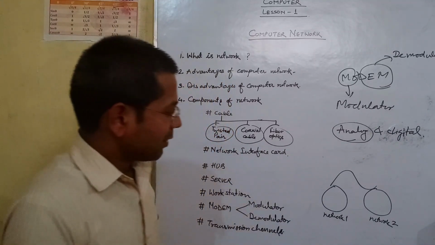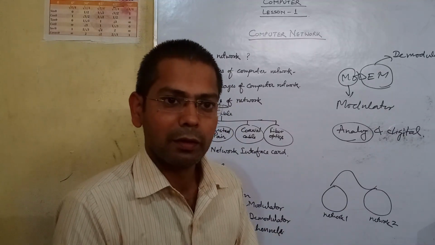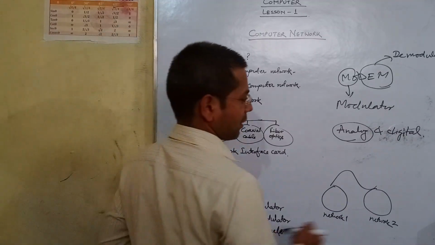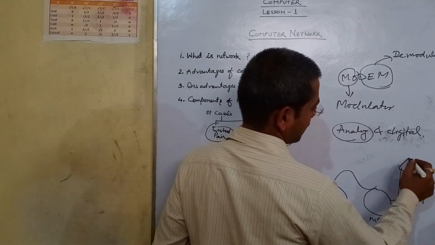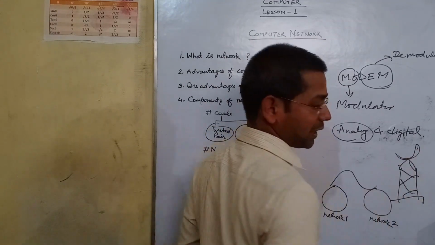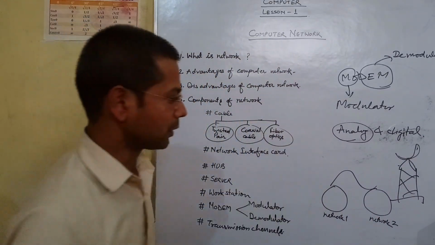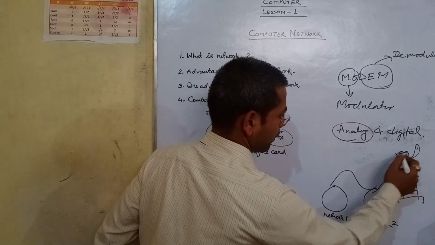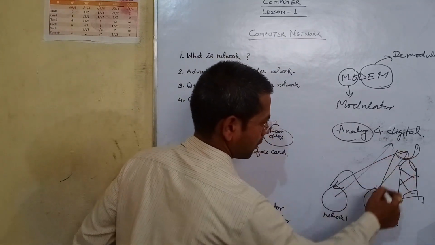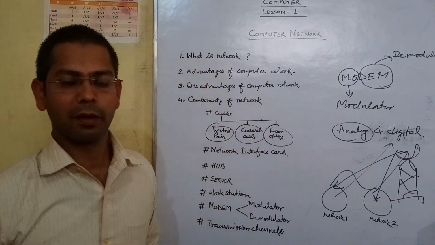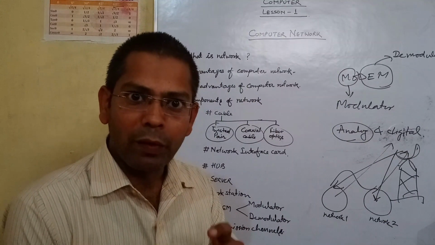But if the transmission channel is not a wire, then the transmission of data requires an arrangement through satellite, and the information will be transferred from one network to the other network, or from the other network to the first network. It is only possible through radio waves.